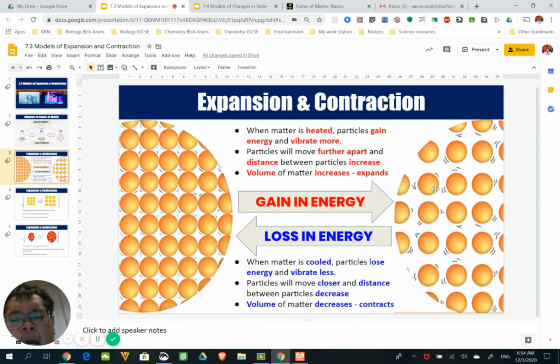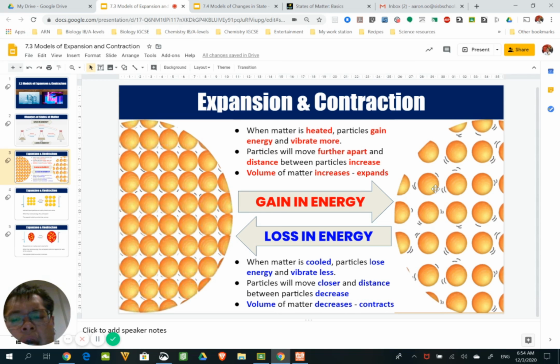Expansion occurs because the distance between the particles has increased. When the particles increase in distance, volume is also gained. It becomes bigger in terms of the spatial arrangement, and it has expanded.